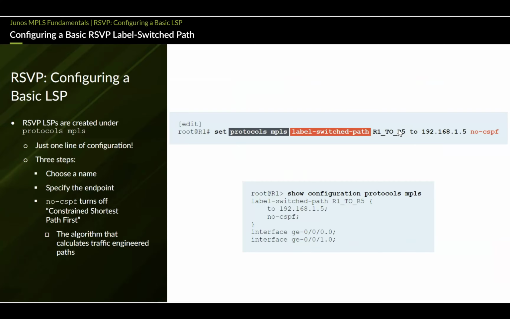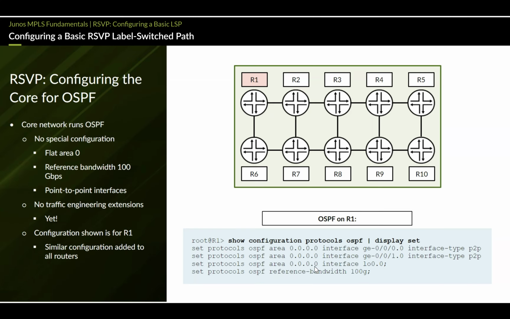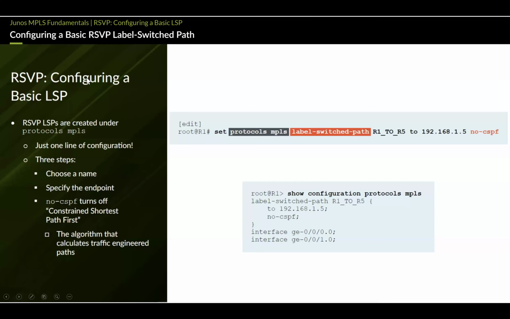Now you need to configure a basic LSP. No traffic engineering is enabled here, just basic OSPF configuration. Then, if you want to configure a basic LSP, this is the command. The command is under protocols MPLS: define the label switched path, define the name here, and define the destination.